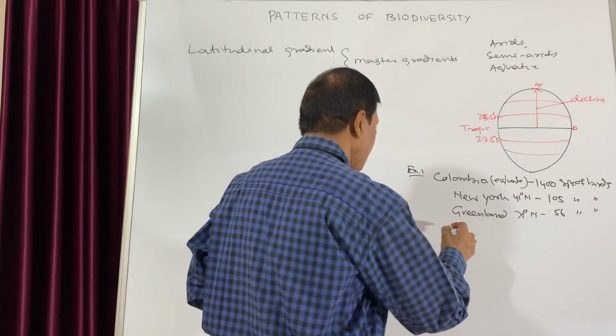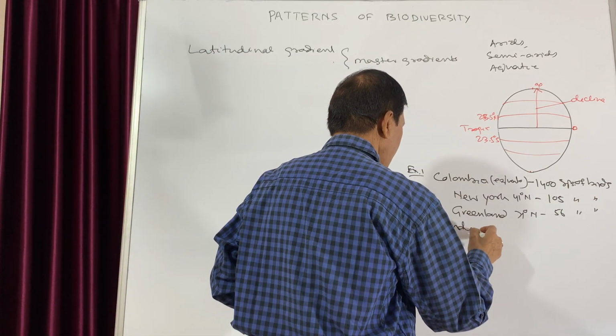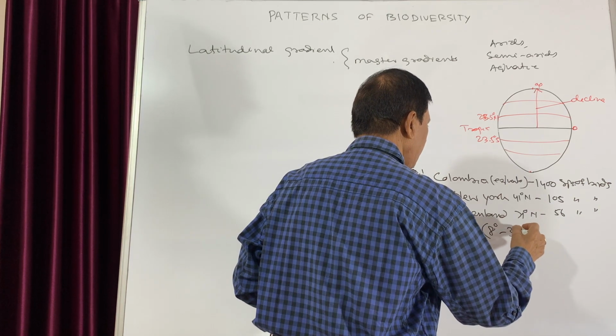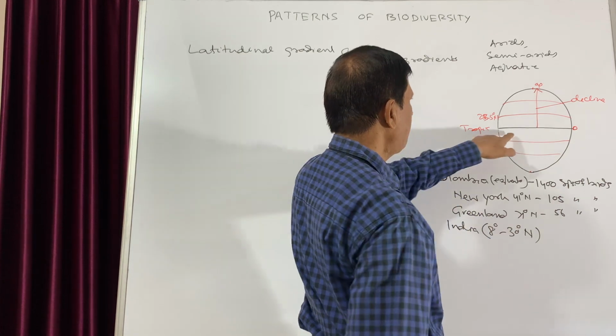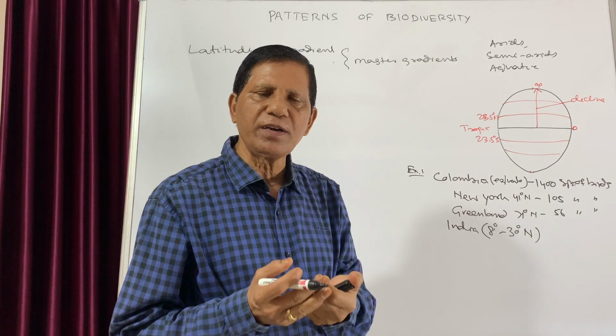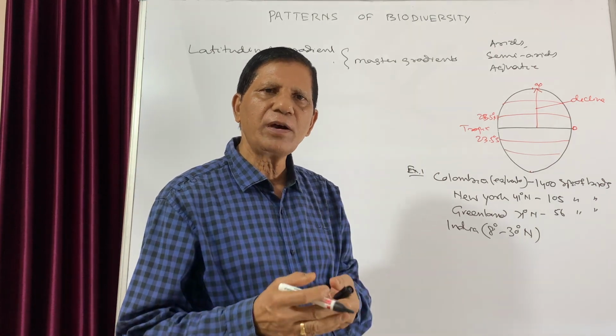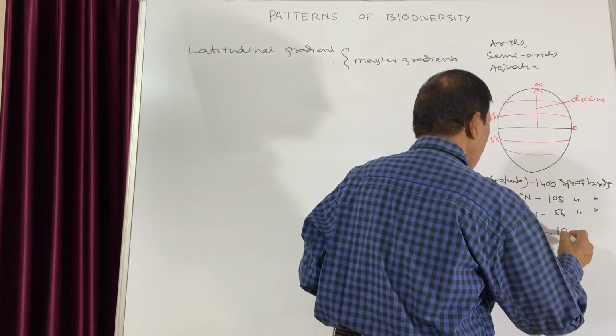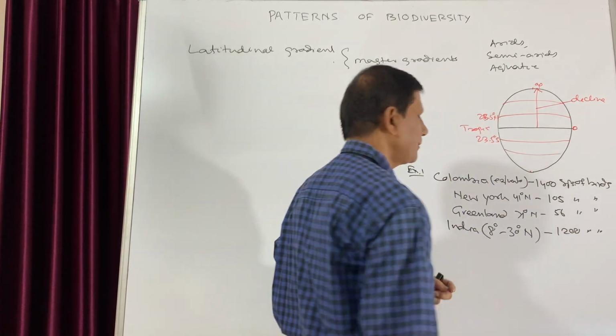Whereas India ranges from 8 degree to 30 degree north. That means from 0 to 30 degree, so most part of India is tropical, while some part is temperate. And here we get 1200 species of birds.